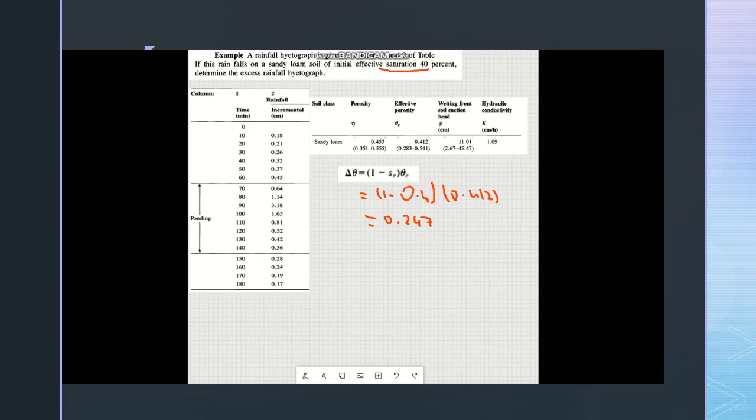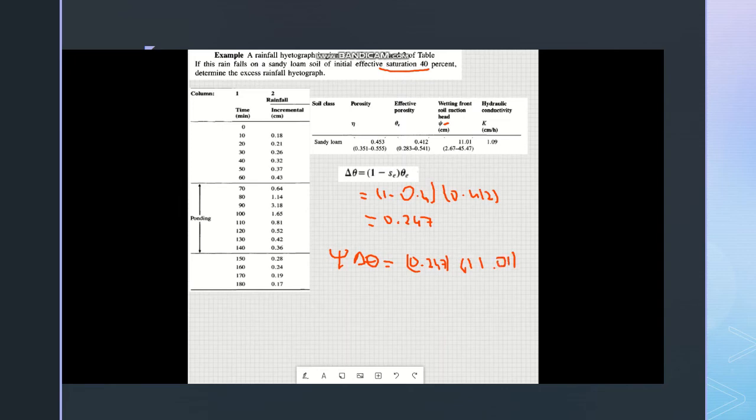After we found this term, we can calculate psi delta theta, which is equal to 0.247, which is delta theta, right? We need to multiply this term by psi, which is 11.01.